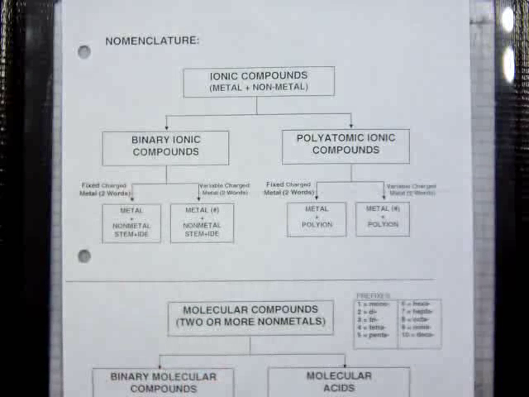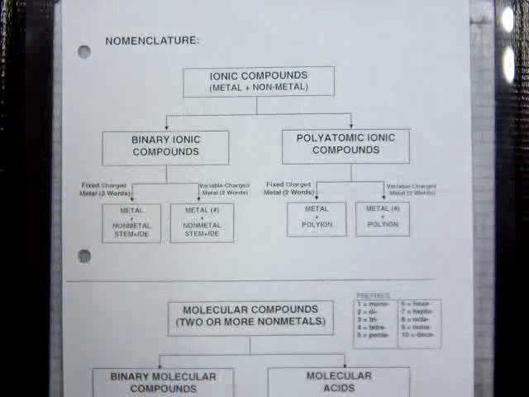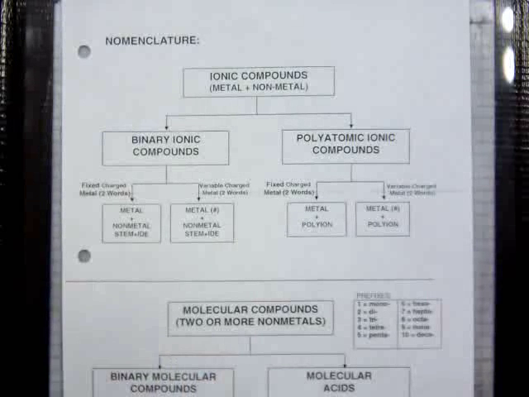Last lecture we talked about the fixed charges: group 1, group 2, group 7, and some block elements for your group, plus 1, 2, 3s, and from tantalum back, 5, 4, 3, 2. You need to know where the fixed charge is. How does that help you with the variable charges? Well, if it isn't a fixed charge, it's a variable charge. And there are two ways to tell what the charge is: from the name or from the formula. All right, we'll see how this works.